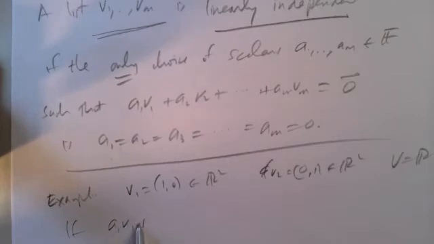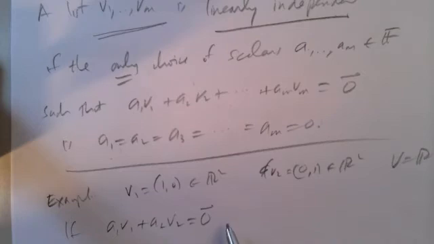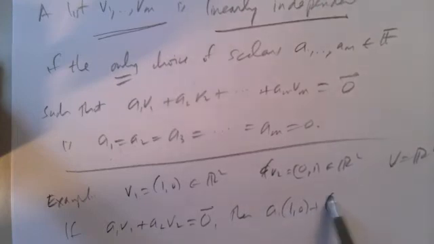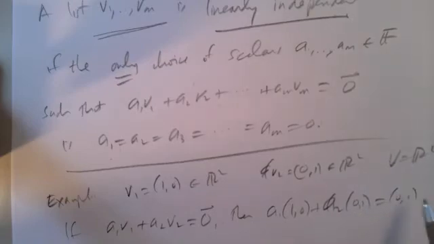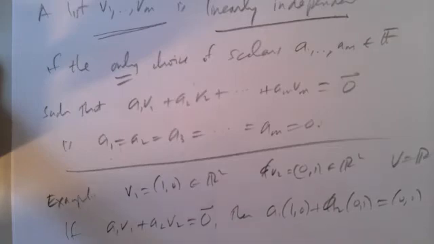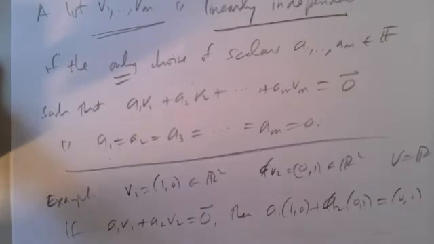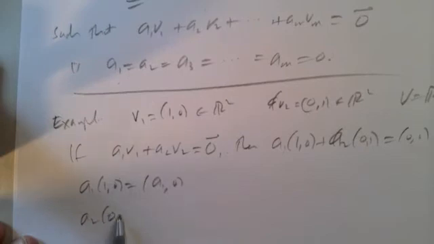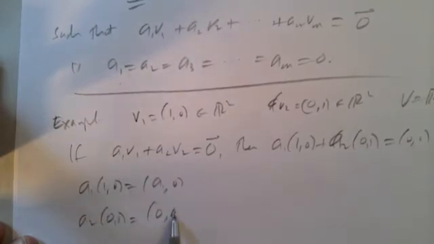If a1 v1 plus a2 v2 is equal to the zero vector, what does that mean? It means a1 times the vector (1, 0) plus a2 times the vector (0, 1) equals the zero vector (0, 0). But what is this? a1 times (1, 0) is the vector (a1, 0), and a2 times the vector (0, 1) is (0, a2).